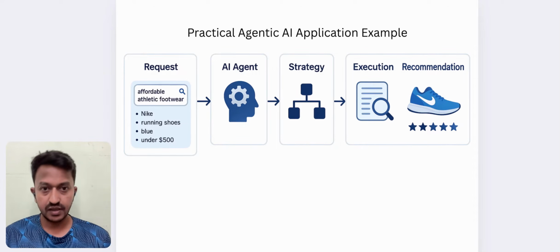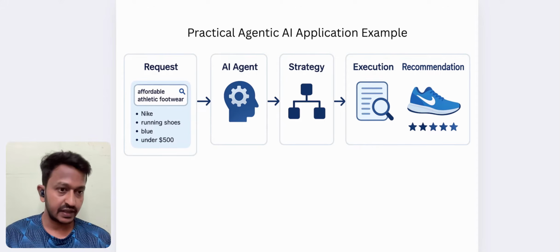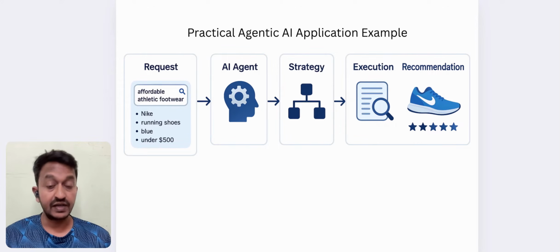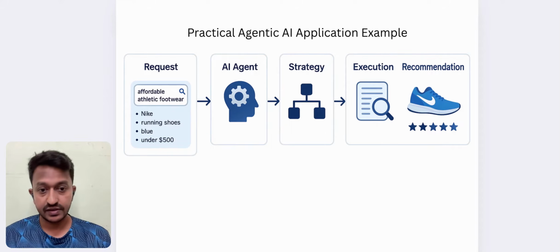So consider a scenario where someone requests affordable athletic footwear, especially Nike running shoes in blue, priced below $500, right? So the AI agent would initiate by parsing this request into structured parameters like brand preference, that is Nike, product category, running shoes, color specification is blue, and budget constraint is under $500, right?